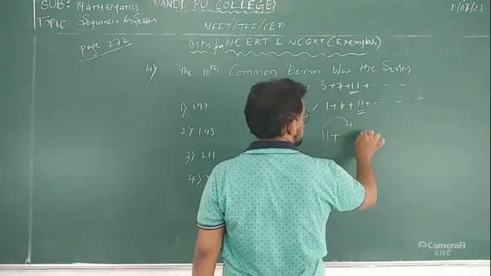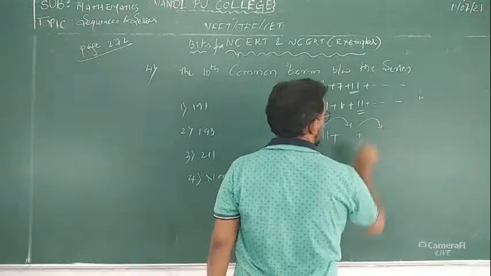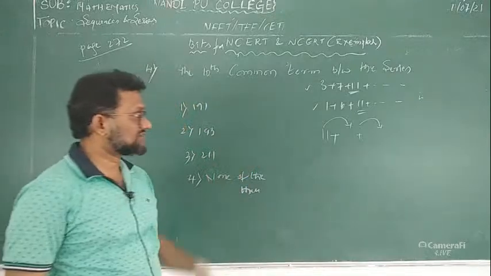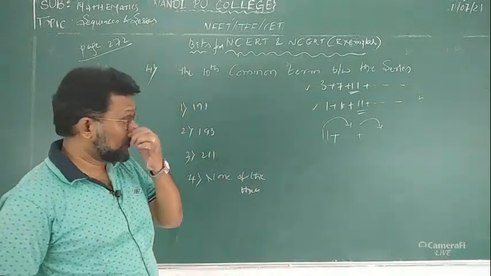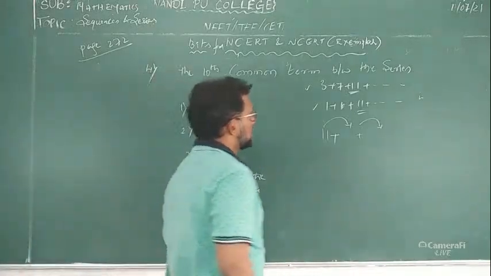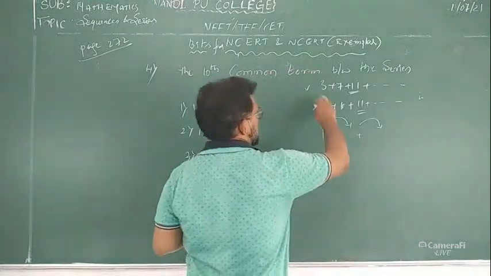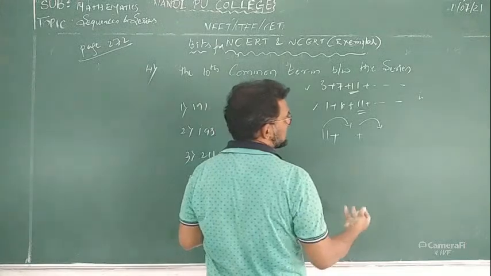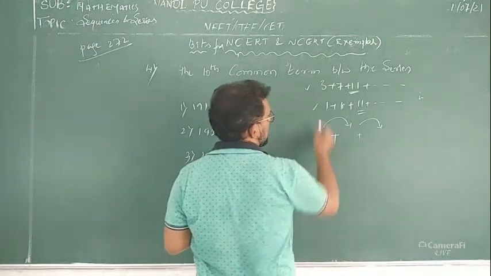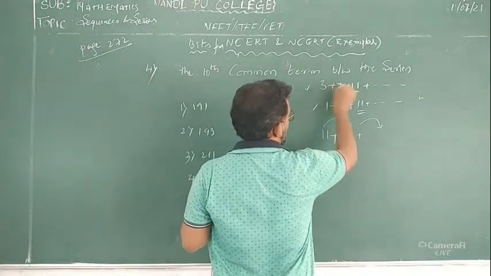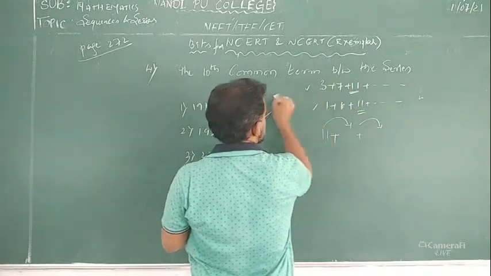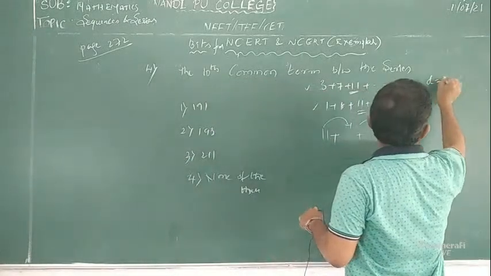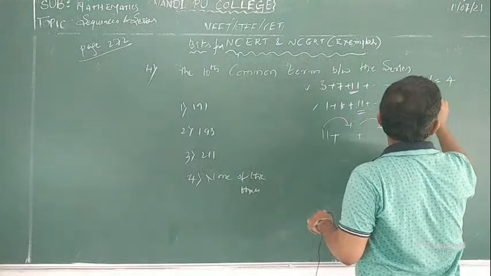So what is the next common term? We want to check it out. Here the common difference we don't know, so we do one thing. Here what is the difference of the first series? The common difference d1 is nothing but 4.